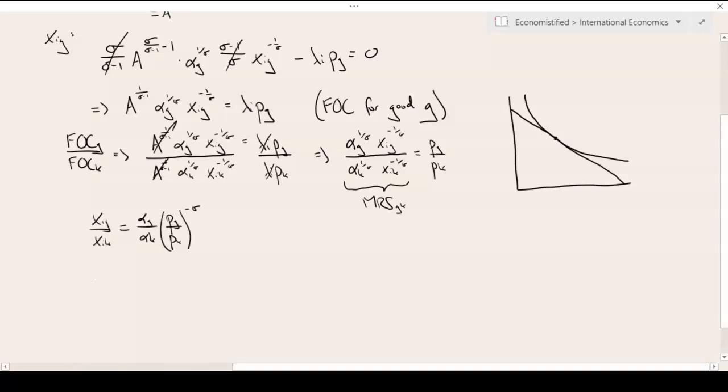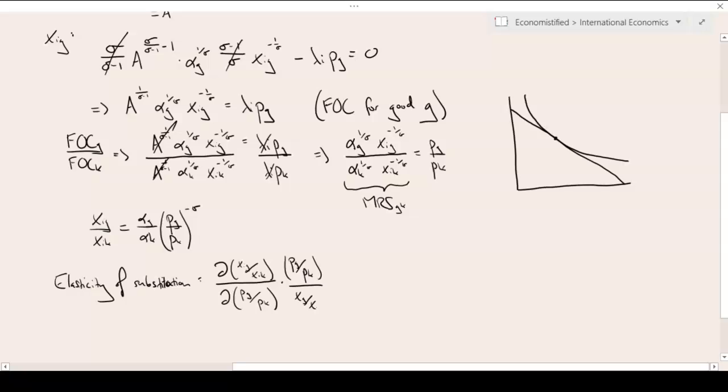So in other words, the elasticity of substitution is going to be the derivative of xig over xik with respect to the relative price, pg over pk. And because it's an elasticity, we need to take the percentage change, so multiply by pg over pk and divide by relative demand xig divided by xik.